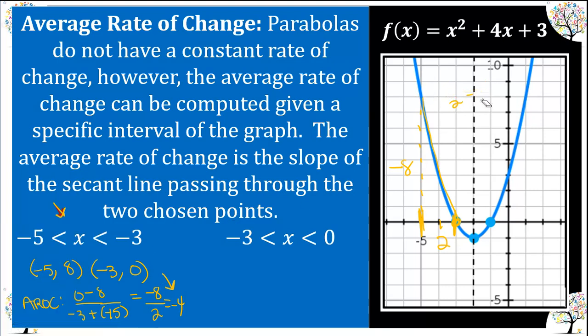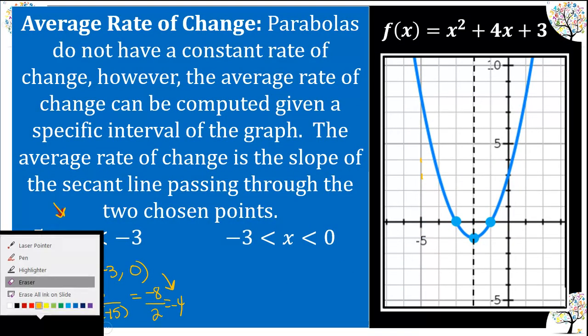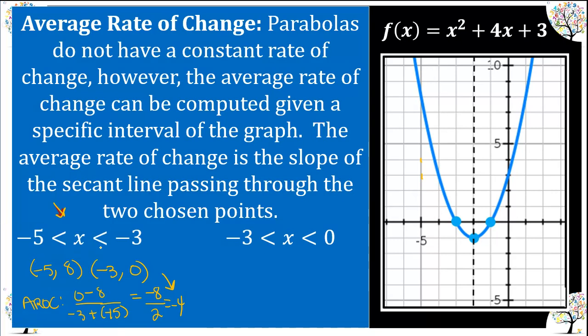Now, let's take a look at a second interval. And let's practice this both algebraically and graphically. So now we're looking from -3 to 0. We're looking in this range, this area. So our first ordered pair, when x is -3, y is 0.